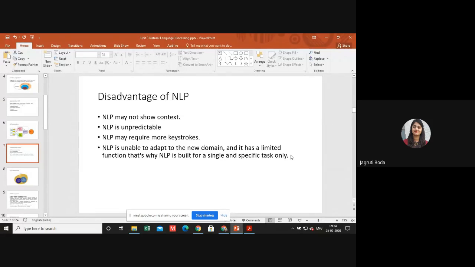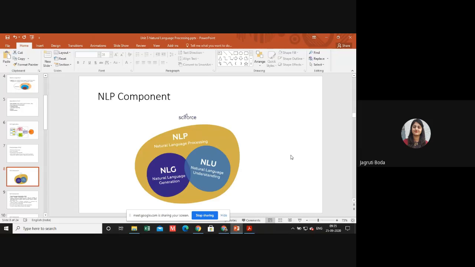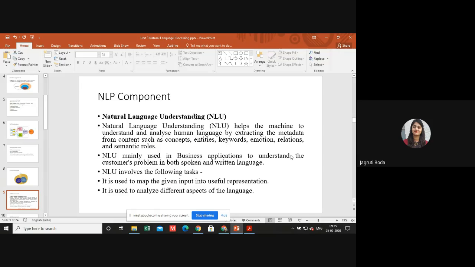Okay. Now we come to the topics one by one. What are the components of NLP? NLP has two components: natural language understanding and natural language generation. So what are NLU and NLG? One by one we will understand these two entities. First of all, start with natural language understanding.